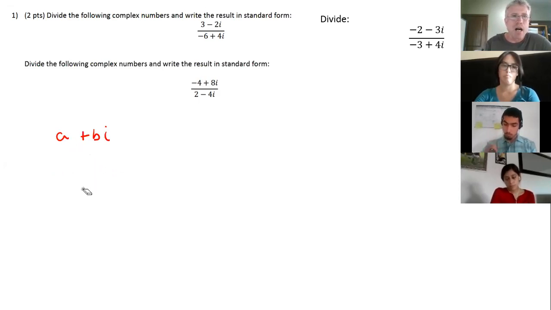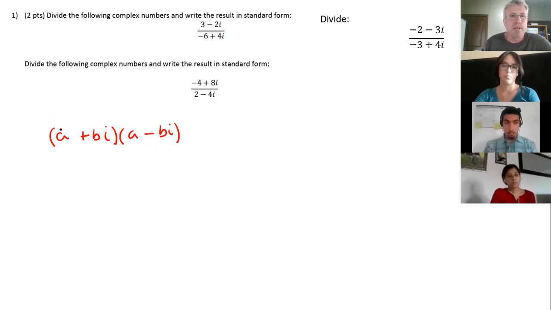And the idea of conjugates is important in complex number world because if you multiply a complex number by its conjugate, you always get a number that isn't complex, in the sense that the i term is a zero.